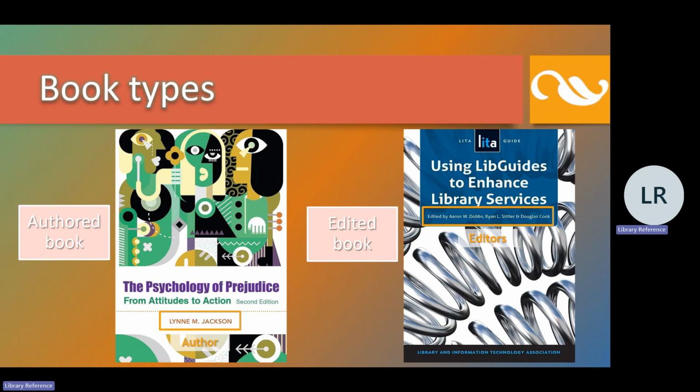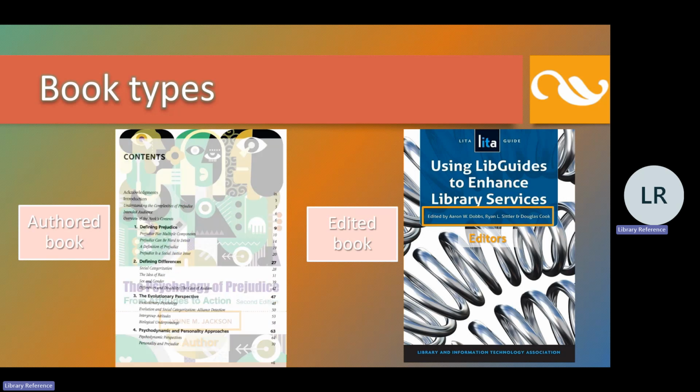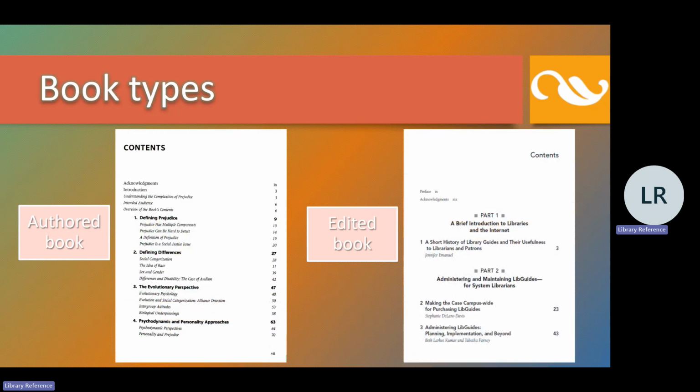To help you understand this a little bit better, let me show you the table of contents of each one. So in the first case, I see the table of contents. I see the title of each chapter, for instance, defining prejudice, defining differences, the evolutionary perspective, and so on and so forth.